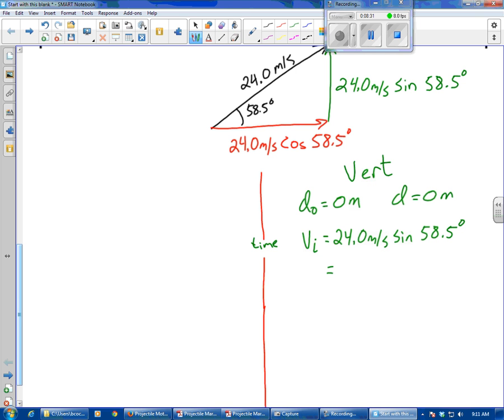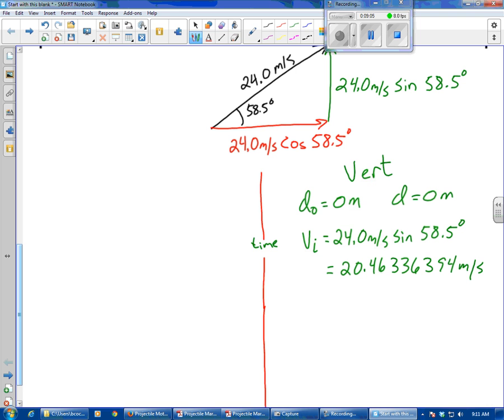Now, if that makes you nervous, and you look at that and say that's not a number, well, it actually is. If we do it out on the calculator, it's just the number 20.463336394 meters per second. Does that number make you more comfortable than the one with the trig function in it? Some people it does, some people it doesn't matter.